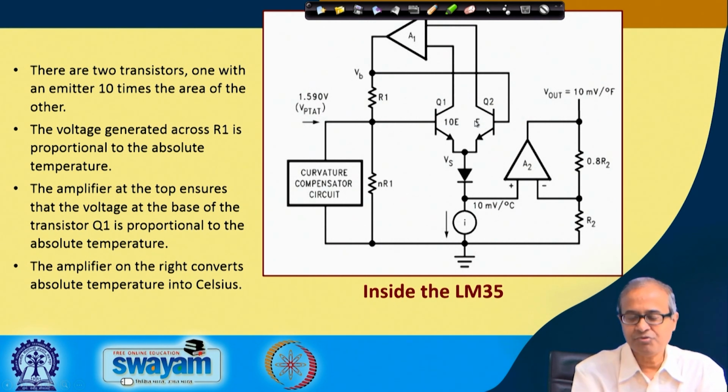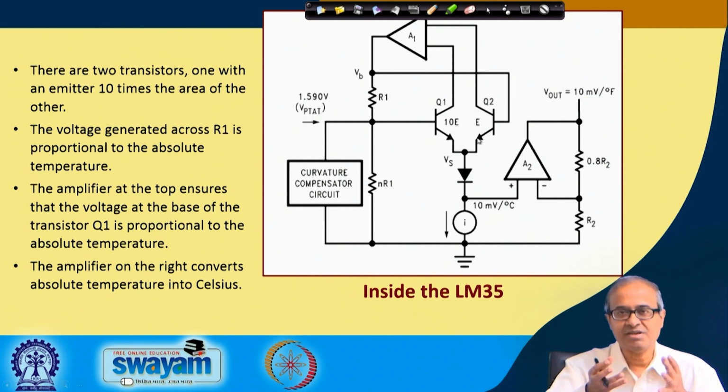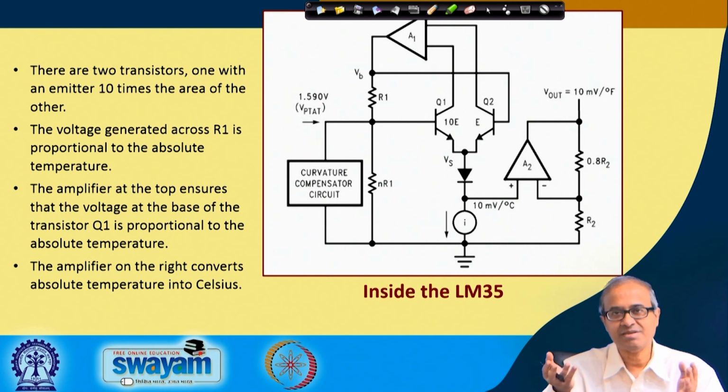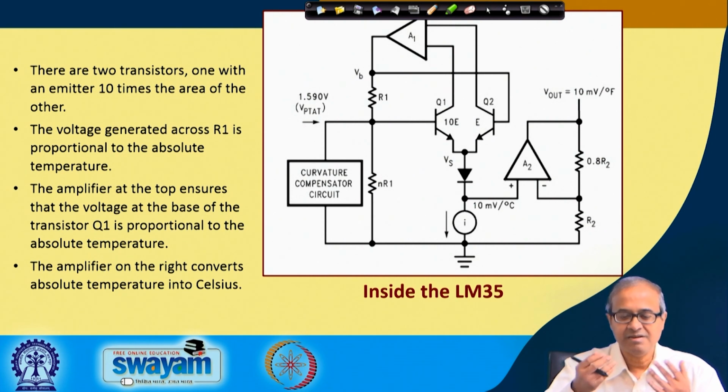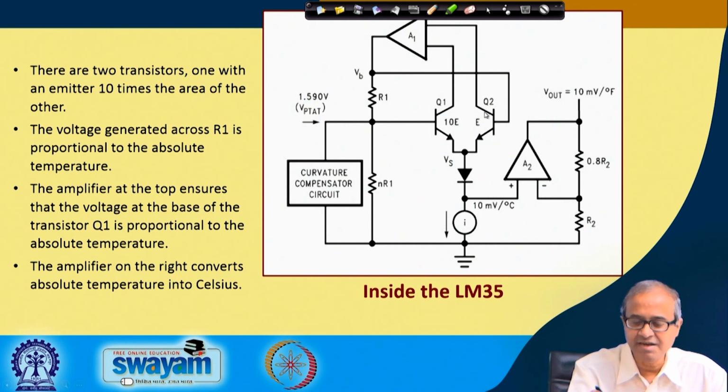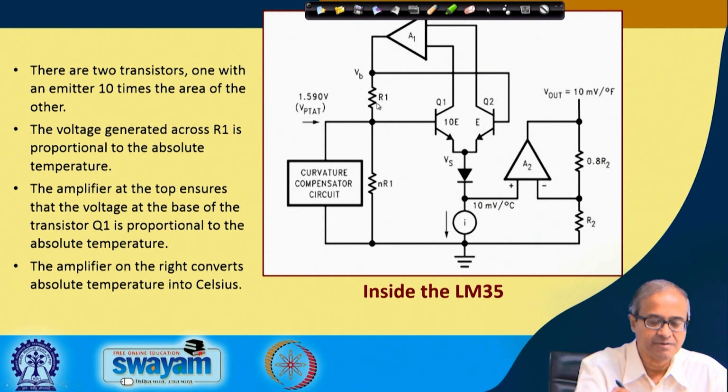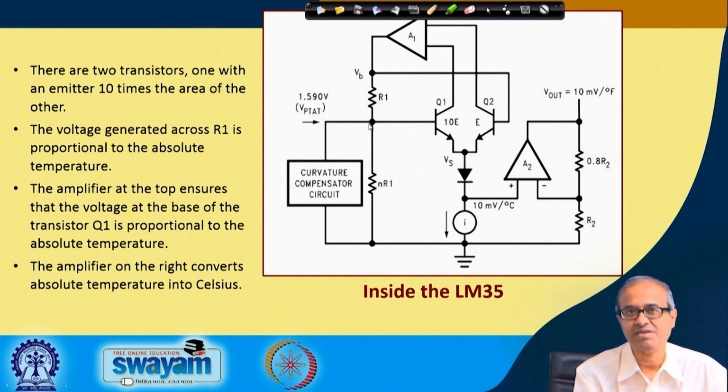I am not trying to explain how this circuit works, but the idea is that the currents flowing through the transistors have a strong dependence on the ambient temperature. That is how the temperature sensing is done, and the difference in the current flowing into these 2 transistors is amplified, and the voltage across this resistance R1 becomes proportional to the absolute temperature.